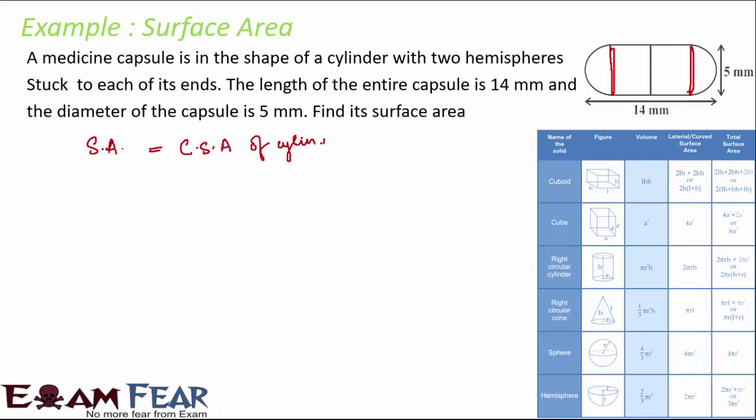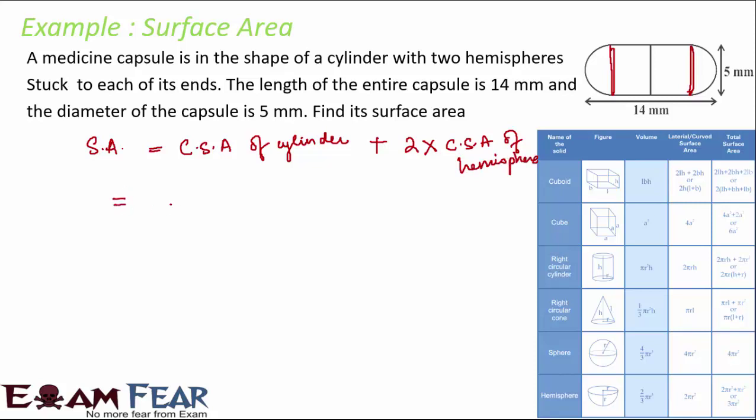And I hope you know why not the total surface area: these two flat surfaces of the cylinder are no more there in the process of being joined with hemispheres, right? So only the curved surface area of the cylinder needs to be considered, and the curved surface area of both the hemispheres. That means 2 times the curved surface area of a hemisphere.